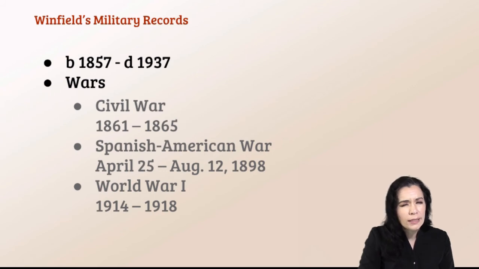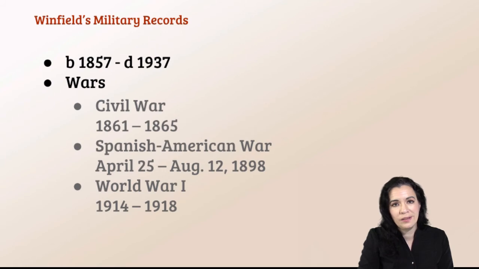He was old enough, but we're kind of pushing it for him. And World War I, he would have been 60, so he would not even have needed to sign the draft record for that. So Winfield is not going to be found in these record collections, but it pays to investigate because you never know. Your ancestor and their first and middle name, like we talked about with the initials, could be hiding in those collections.